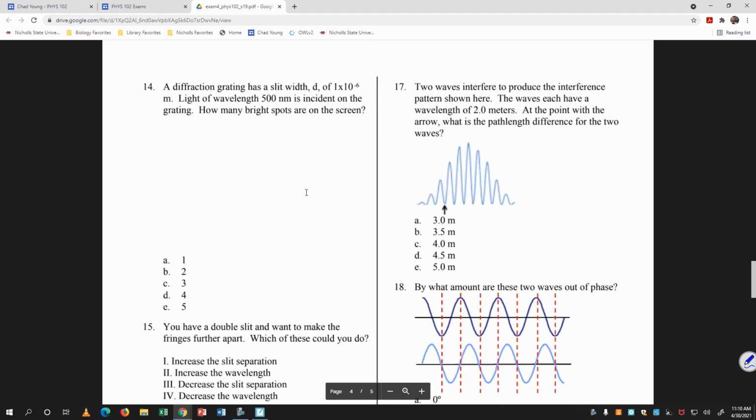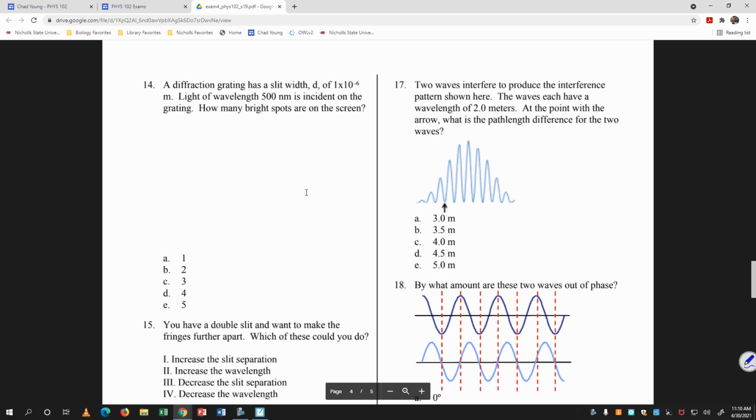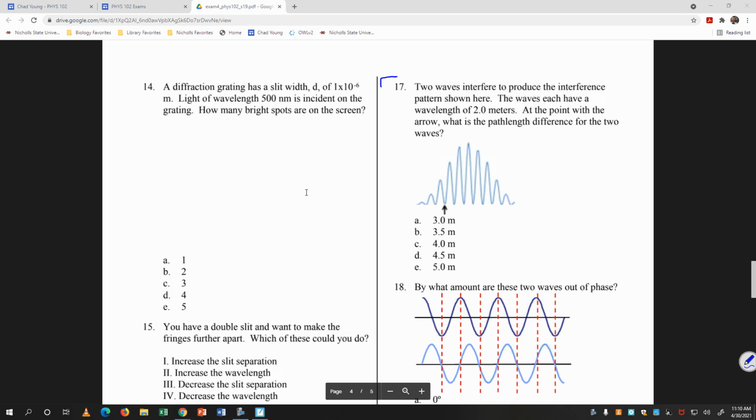So, questions like number 17 and 18, where I ask you, what is the path length difference to create this interference pattern? But first of all, the waves have a wavelength of 2 meters, so the wavelength is 2 meters. And then second of all, I'm looking at a dark spot, so I know that the path length difference has to be some half wavelength increment. It has to be a half a wavelength, 1.5 wavelengths, 2.5 wavelengths, and on.